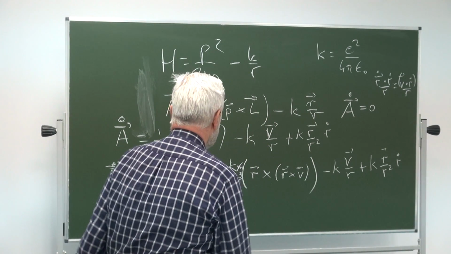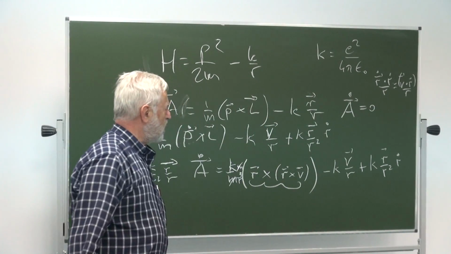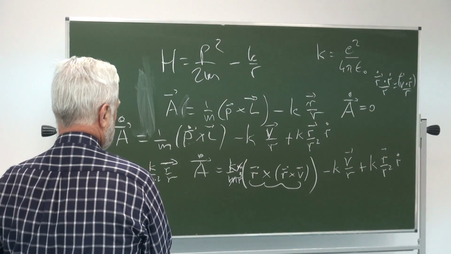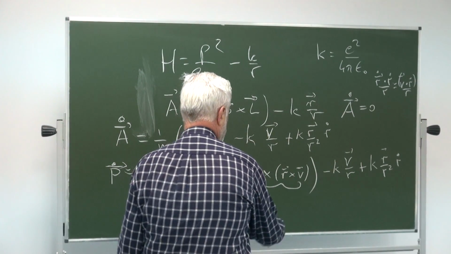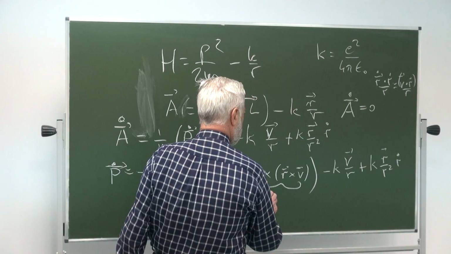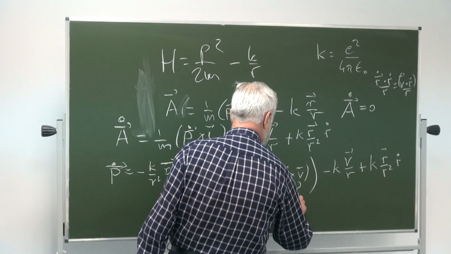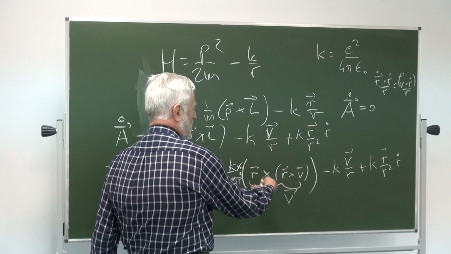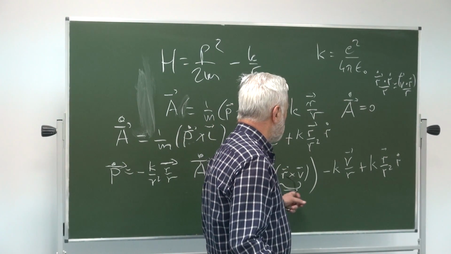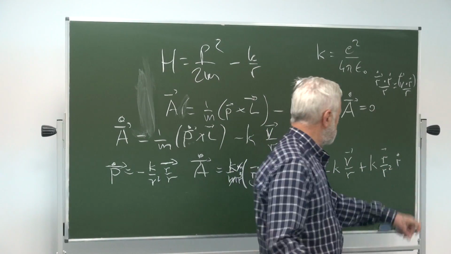Okay? So now, the next step is very simple. We know that we can expand this double vector product, and one term will be proportional to r, and one term will be proportional to v, and by applying this formula, you can very quickly check that this fellow cancels against this, and this fellow cancels against this.